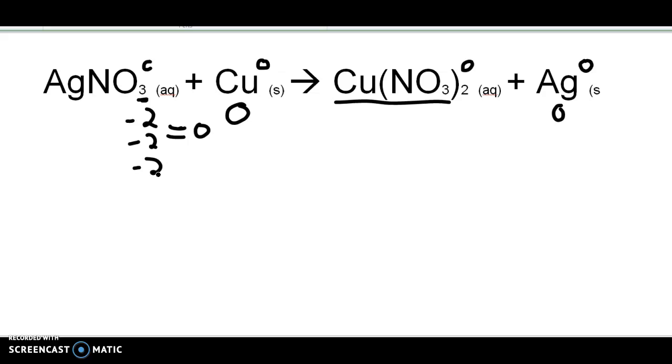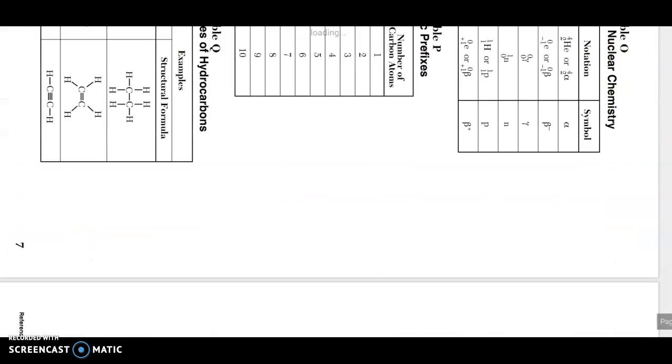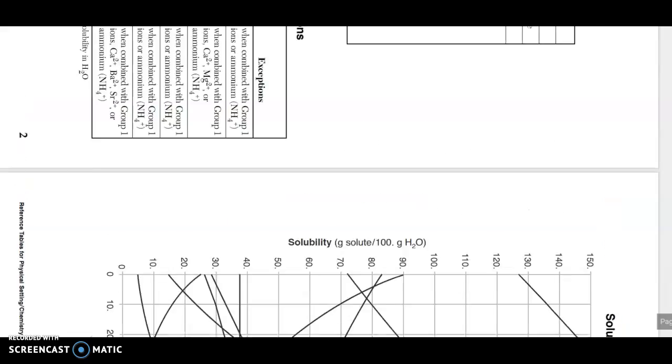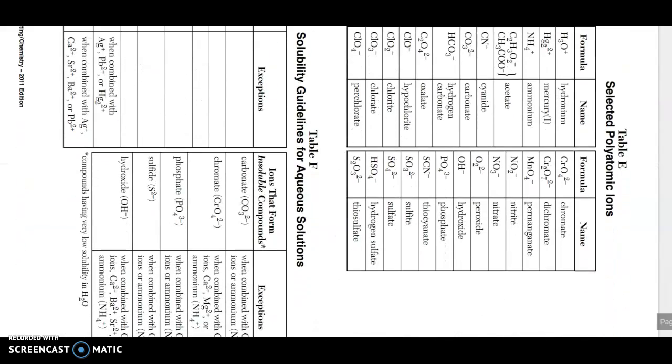Now, I also know that nitrate, if we go to the periodic table, nitrate, NO3, is a polyatomic ion. So if you go up to the polyatomic ions, here we are, and let me just rotate.